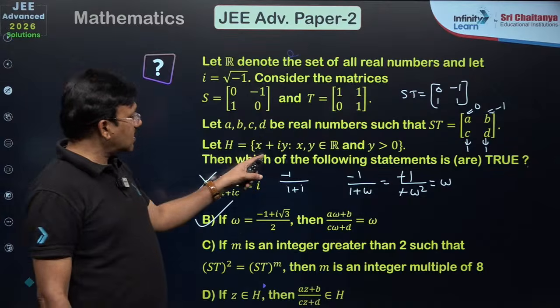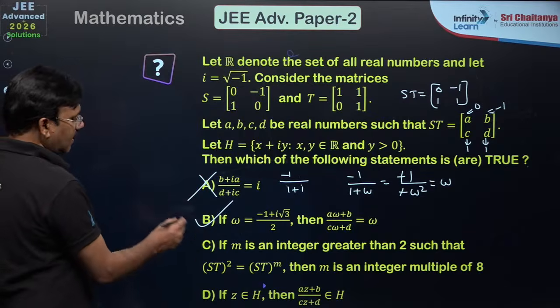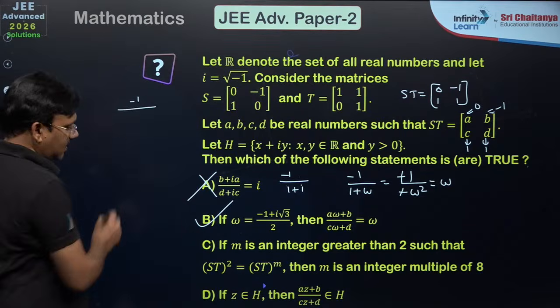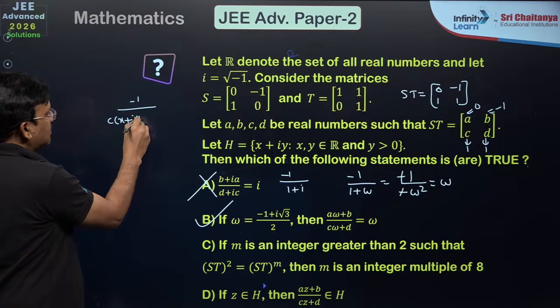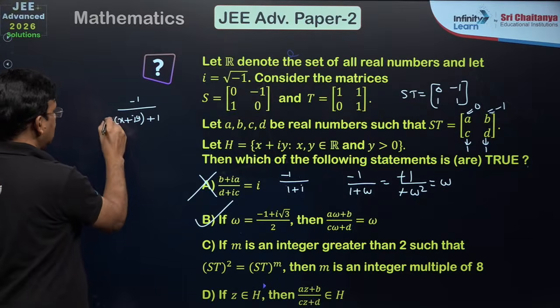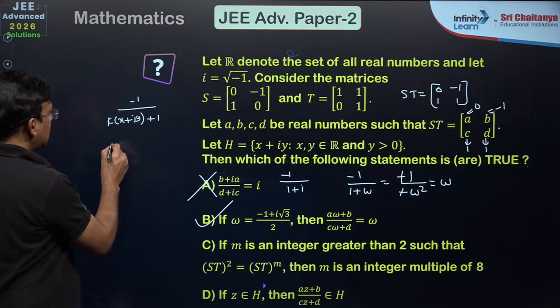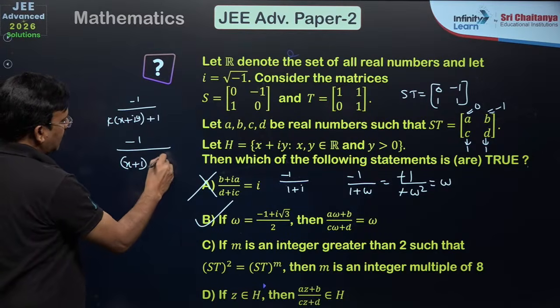Then come to D. Z is in H. What is H? The set of all complex numbers where y is positive. You simply write a 0, b is minus 1, c is 1 into, suppose Z is some (x, y) where y is positive, plus d is 1. So it is minus 1 by (x plus 1 plus iy).